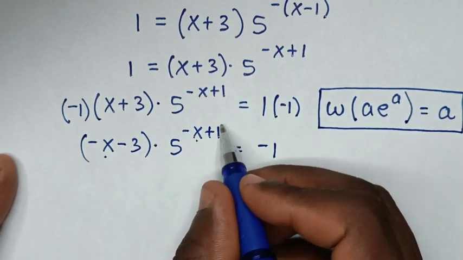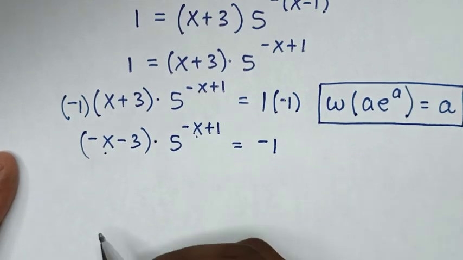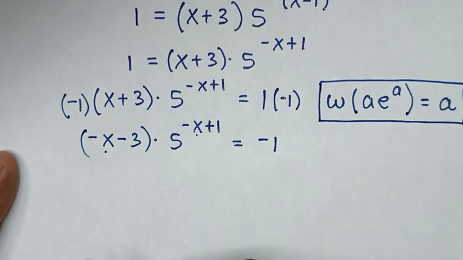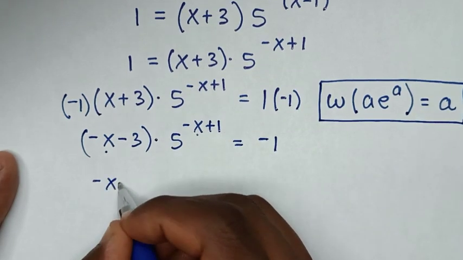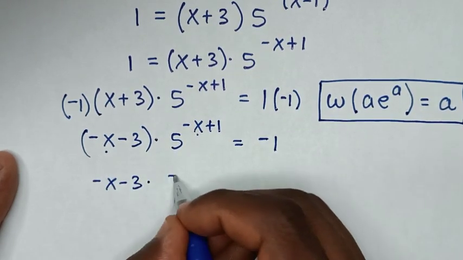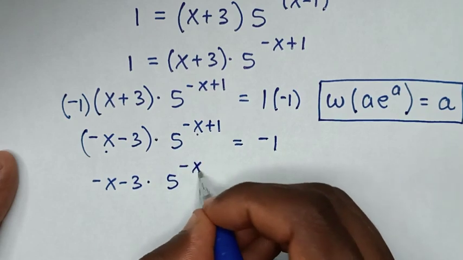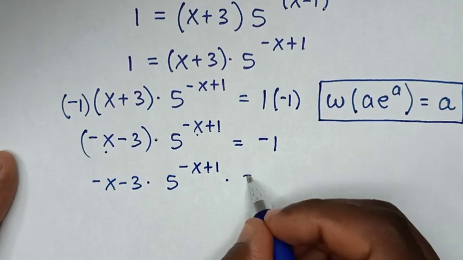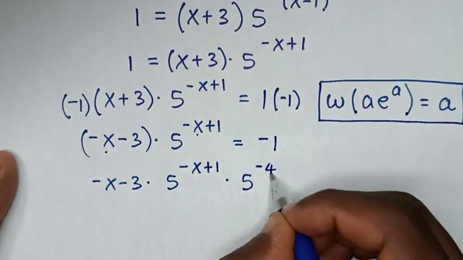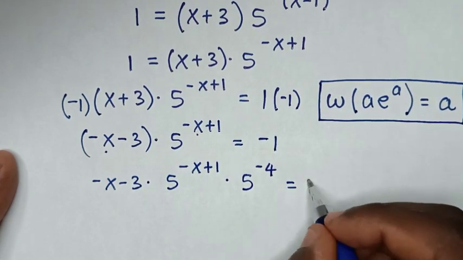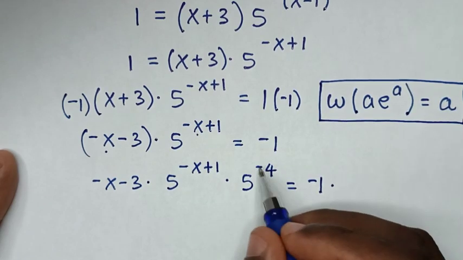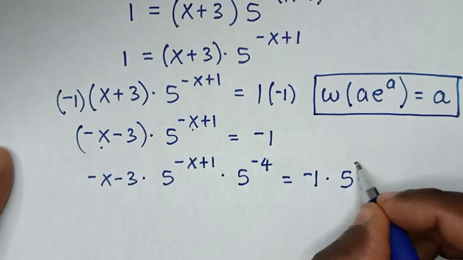Now for this power to be negative 3, we will multiply by an exponent so as to bring negative 3. So it will be (−x − 3) times 5^(−x+1), then times an exponent with the same base, 5^(−4), equal to negative 1. We multiply by this exponent on both sides, so it will be 5^(−4).